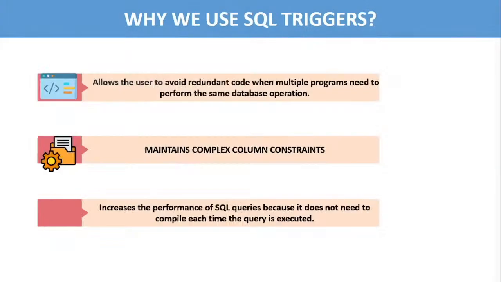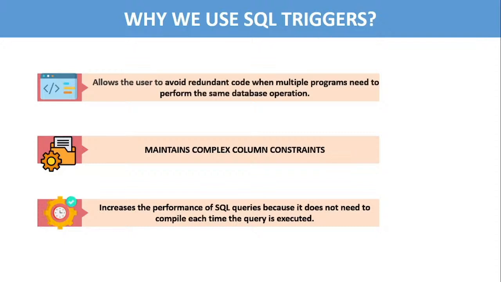Right, moving ahead, why do we use SQL triggers? Since a trigger resides in the database and anyone who has the required privilege can use it, a trigger lets you write a set of SQL statements that multiple applications can use. So it allows the user to avoid redundant code when multiple programs need to perform the same database operations.